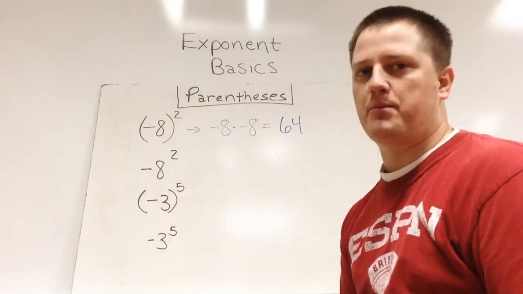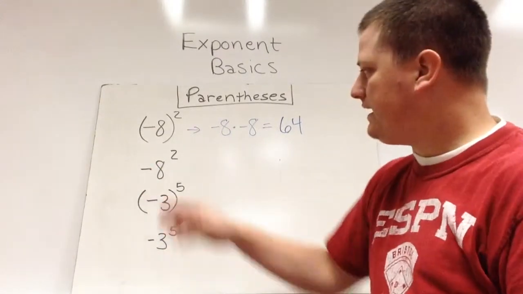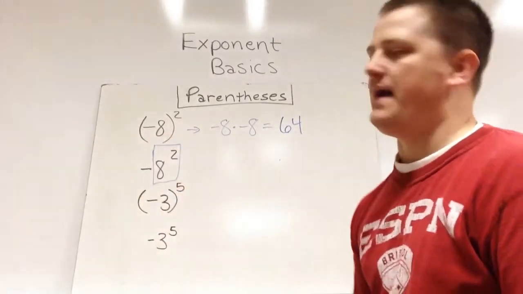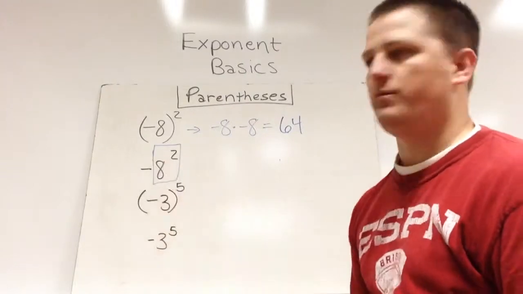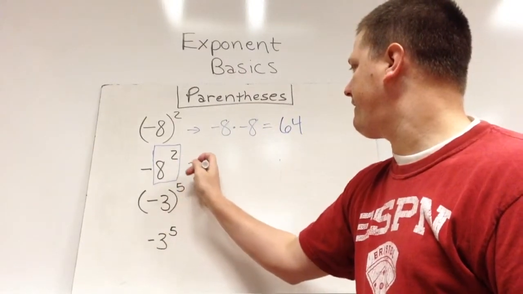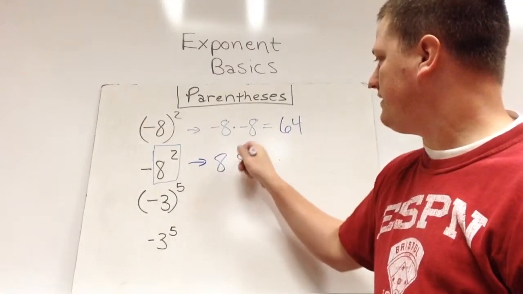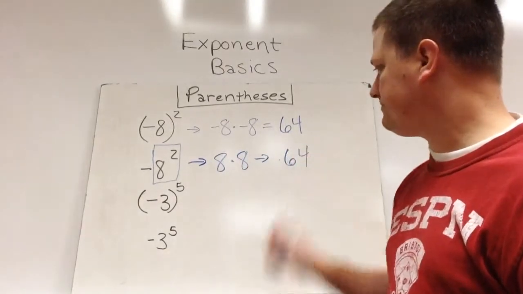This one, though, doesn't have parentheses with it. So the negative is not being grouped with the 8, meaning that the only thing in the power is that right there. The negative's just off in front, meaning the answer in this situation is automatically negative. So this is really 8 to the power of 2, which is 8 times 8, so 8 and 8 make 64.